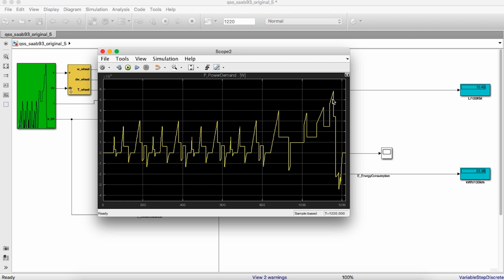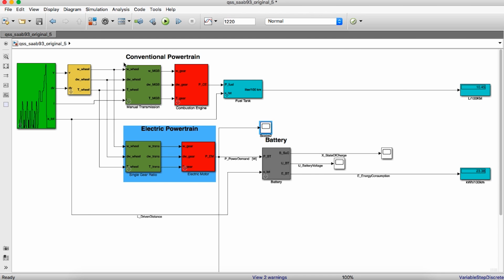The peak power demand during any DC is about 60 kilowatts. If we recall from the lecture, the energy need during the drive cycle is the integral of the power from the start time to the final time. I have implemented an integrator block in the simulation model as well.